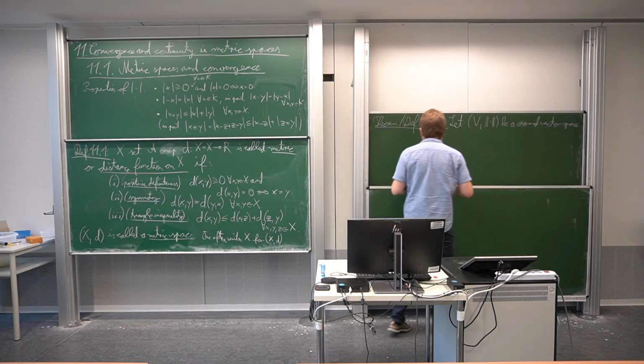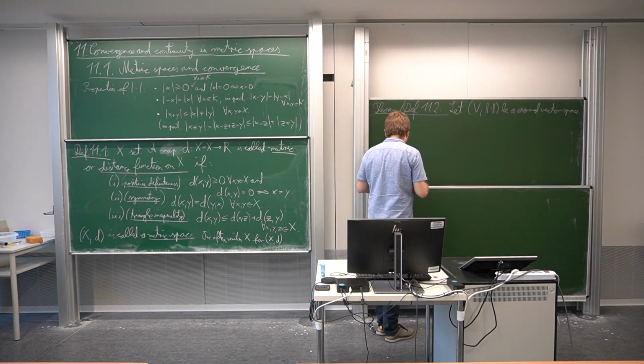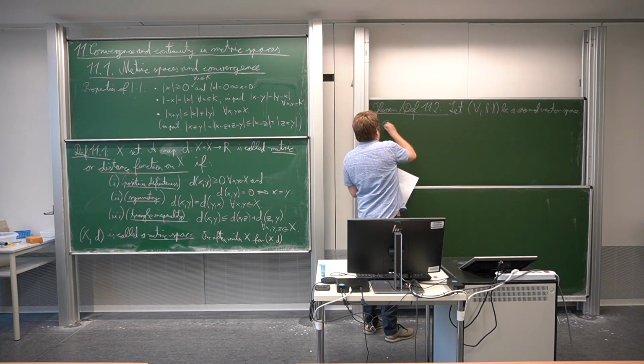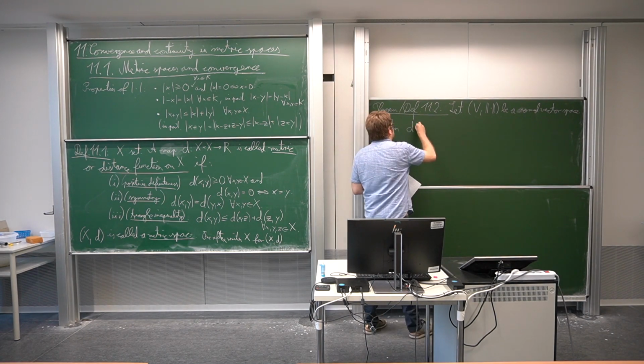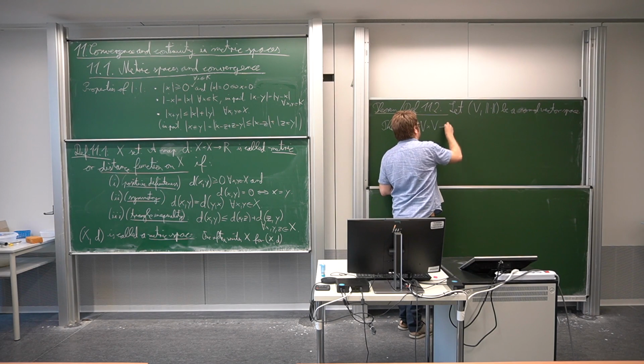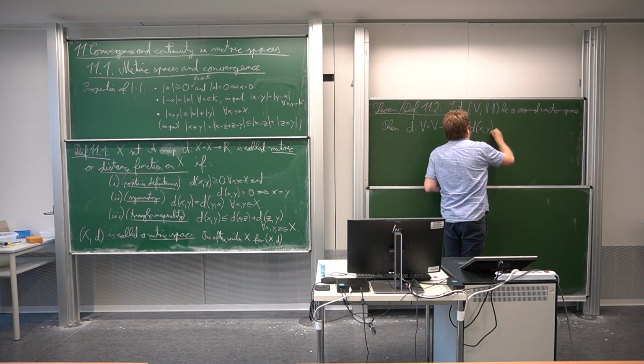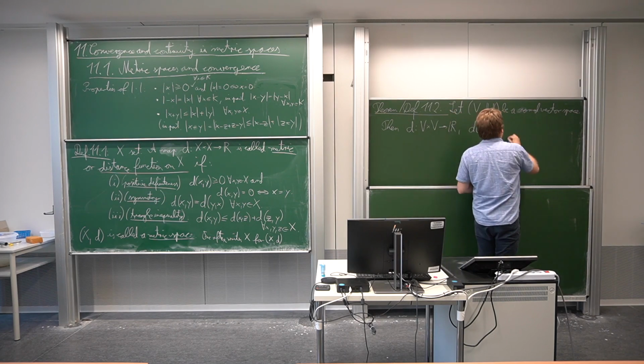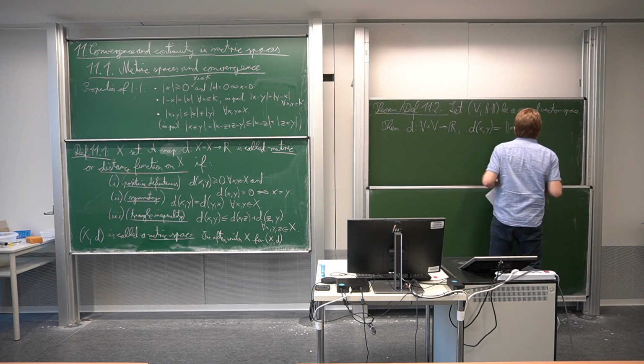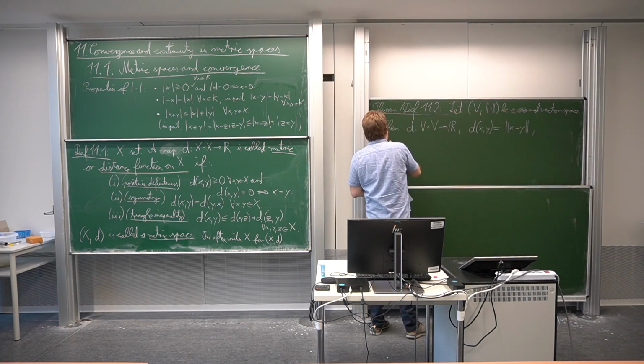There's no requirement of this to be a vector space or anything. Then we can define a metric, namely d from V times V to R, d(x, y), and now let's mimic the absolute value construction, should be the norm of x minus y. Then this is a distance function. So this is a metric on V.